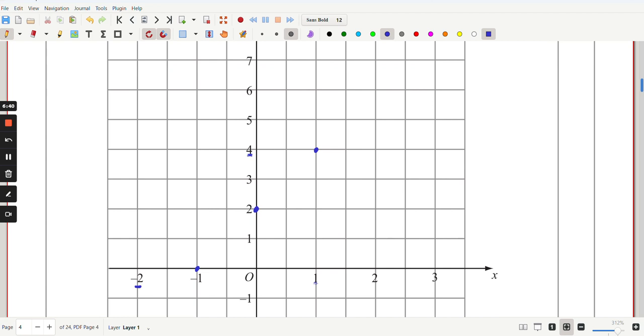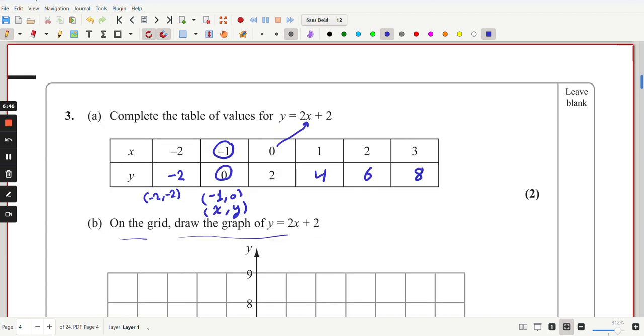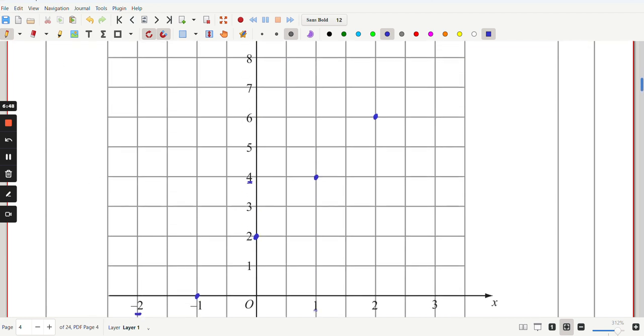So 2 on the x axis and 6 on the y axis, they will meet at this point. Last point is 3 and 8. Yes, 3 and 8. So 3 on the x axis and 8 on the y axis, they will meet at this point. Now we should connect these points here. Be aware to use your ruler to draw a straight line passing through all of these points here.